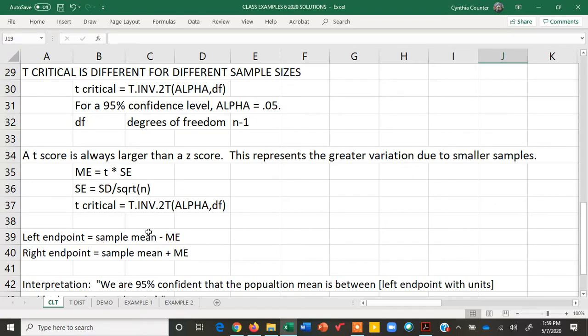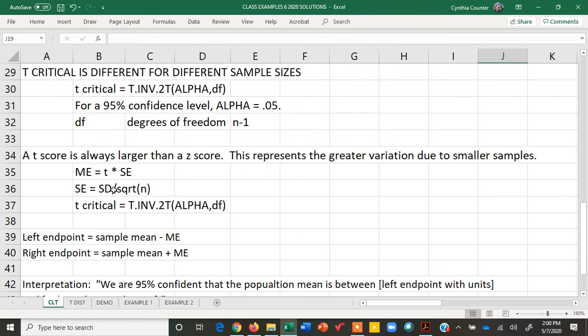The margin of error is the difference between the mean and the critical value. That distance is the margin of error. But we need to know that distance in terms of how many standard errors it is away.